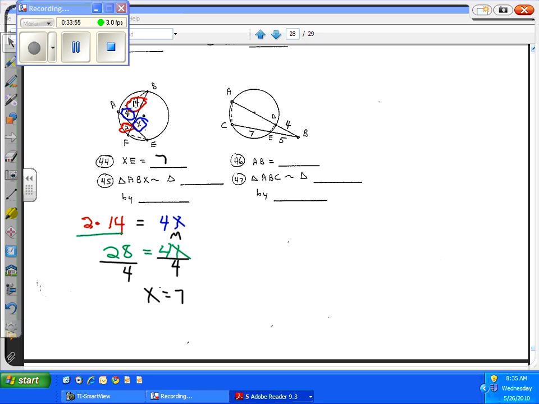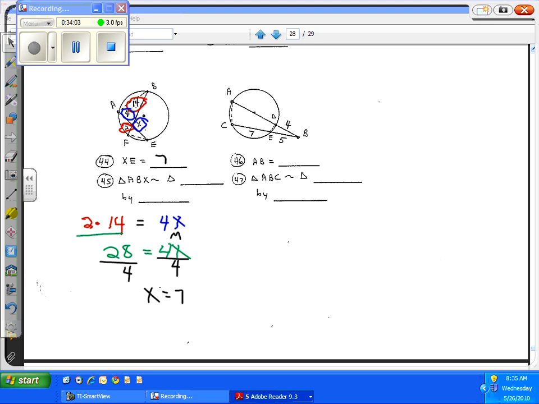We can undo multiplication by division, and we're going to get x is equal to 7. So XE is equal to 7. Now, I realize I just called XE x, but that's okay. We still got XE.